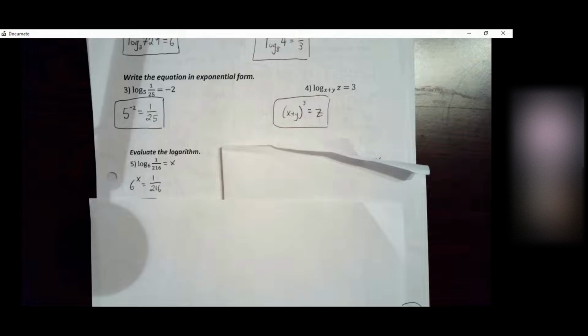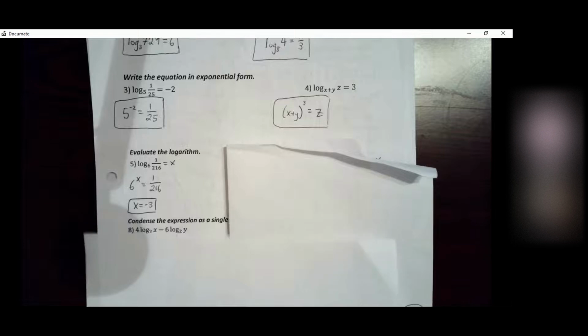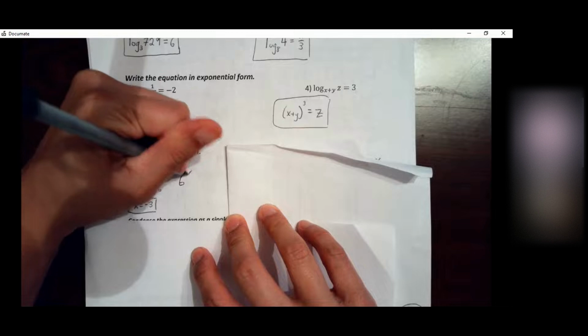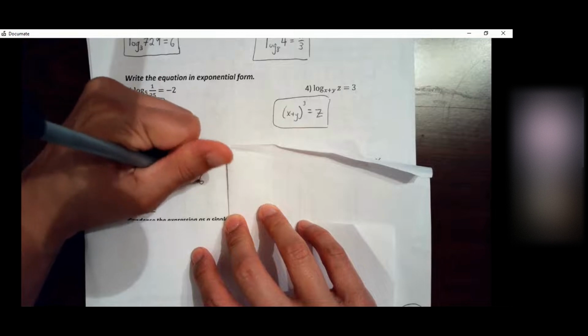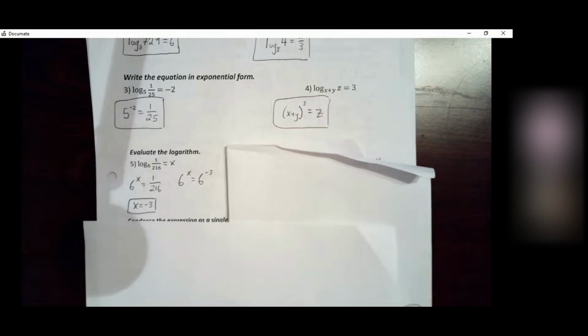Could we do 6 to the negative 3 for the 1/216? That's right. And then the 6s would cancel out, and x equals negative 3.